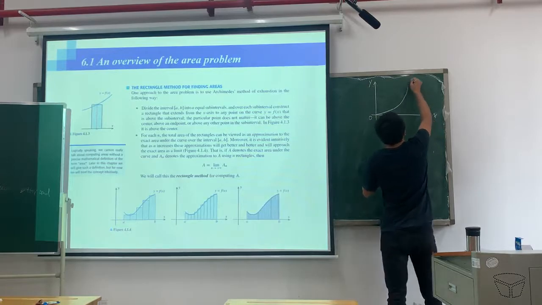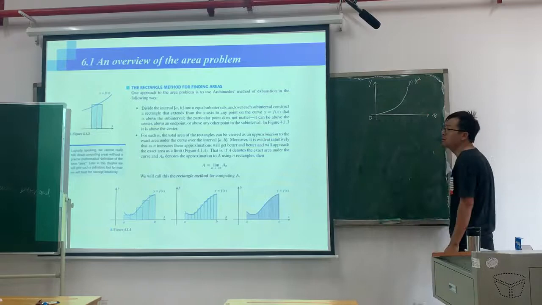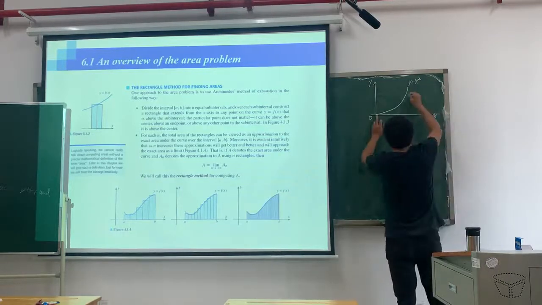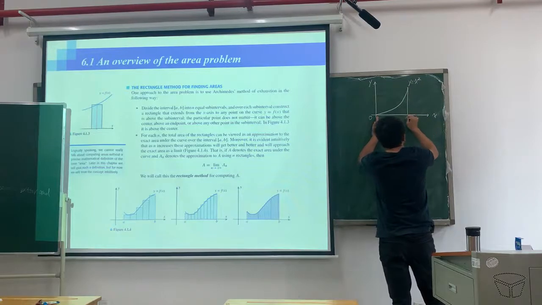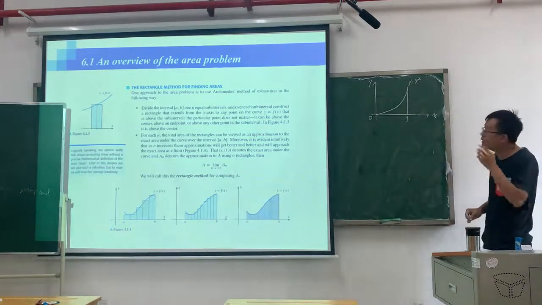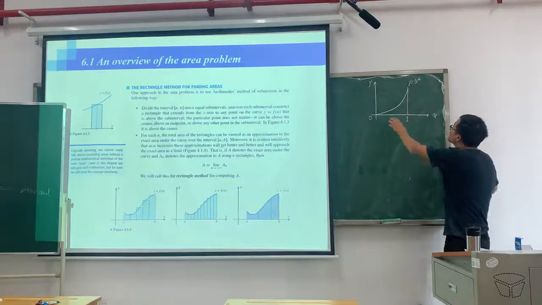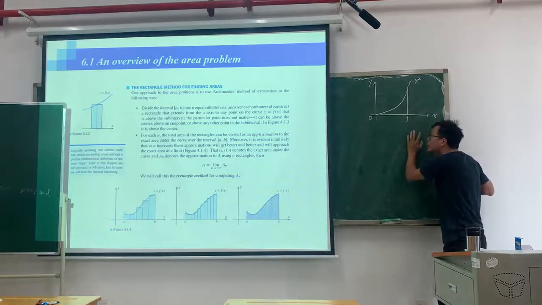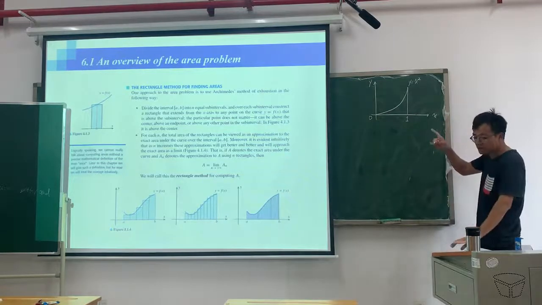The curve is y equal to x squared, on the interval 0 to 1. Now we need to compute the area under the curve y equal to x squared and above the interval from 0 to 1.